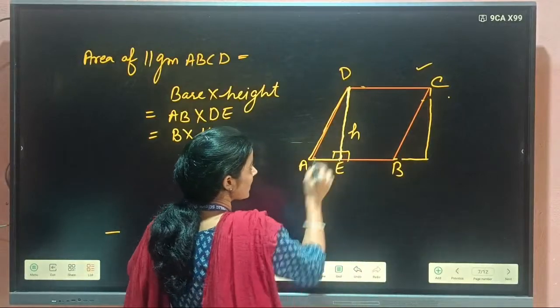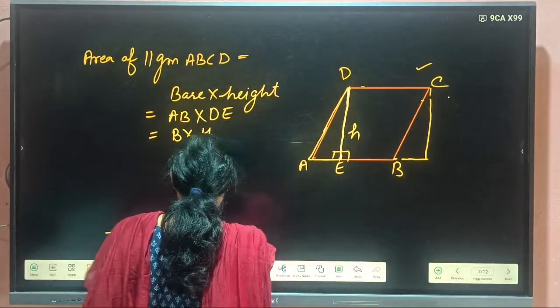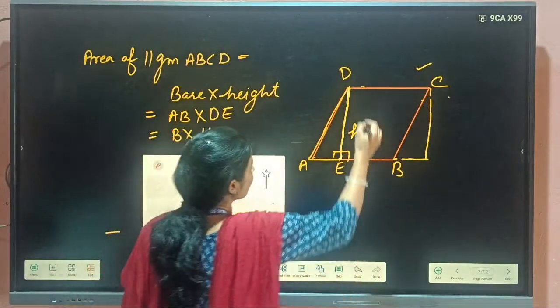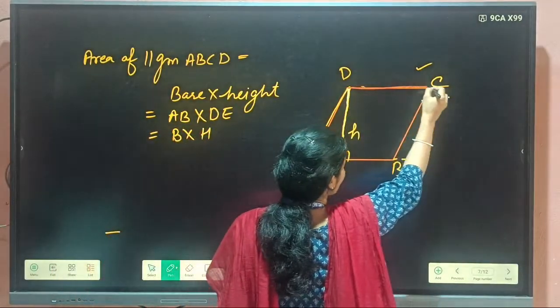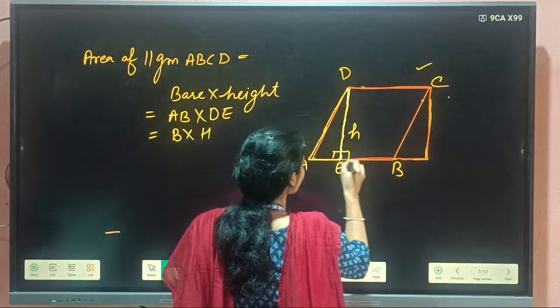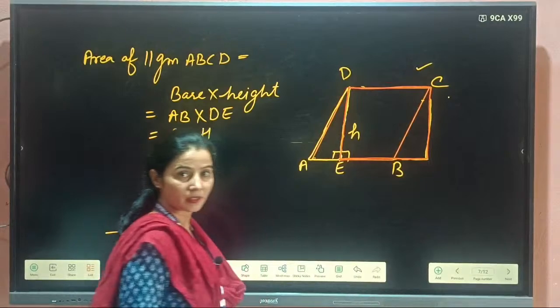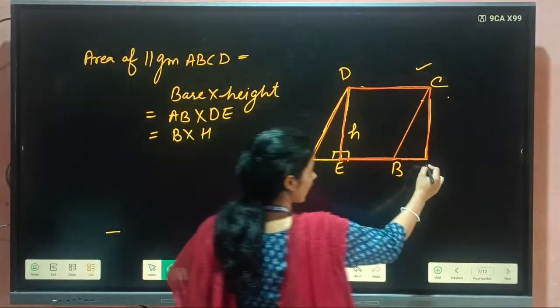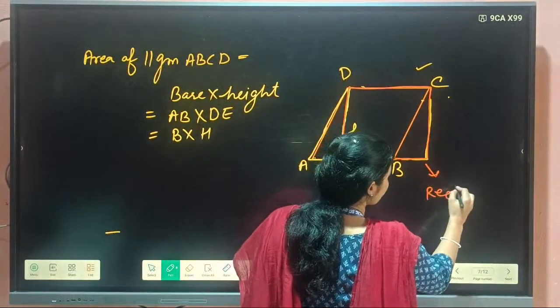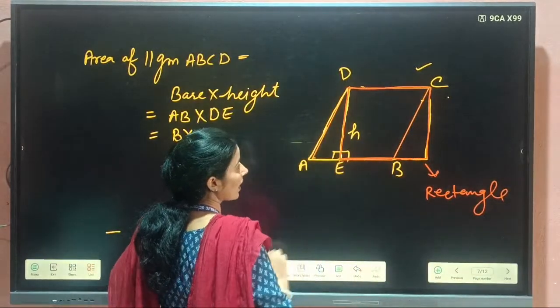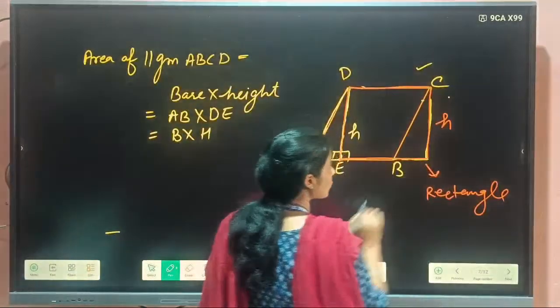Now you will see, if you focus on this portion, you get one rectangle. This was height h, and this will be h only.